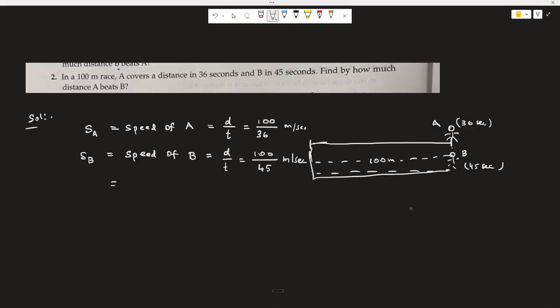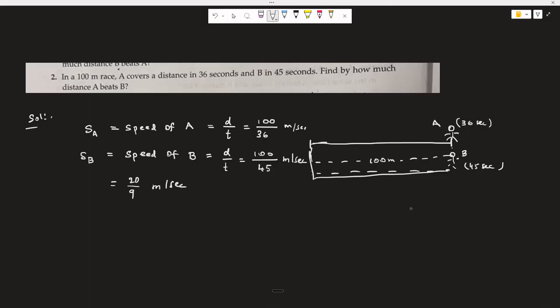So now you can do the calculation for B because we need to identify the speed of B. The 5 table, of course, you can cancel. 9 5s are 45, and 20.